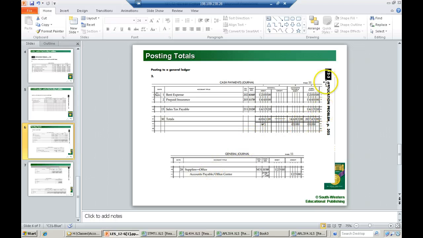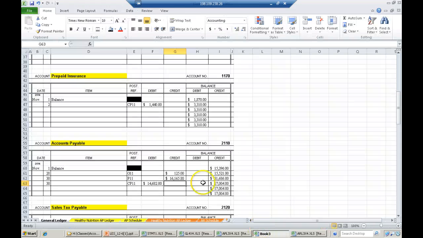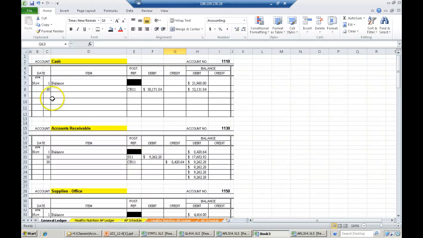Cash payments journal cash credit is $20,743. So we're going to go up to cash on the 30th. CP11, cash payment. Of course, it's going to be a credit, and the credit amount for this is $20,734.